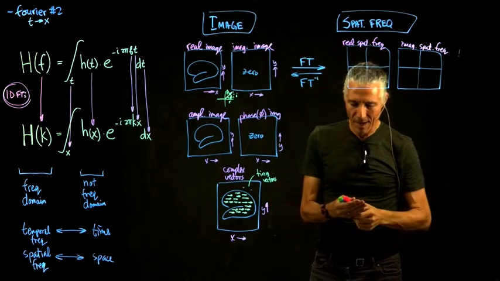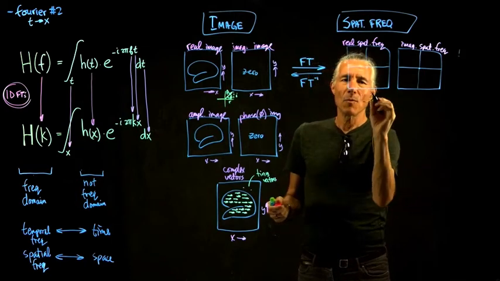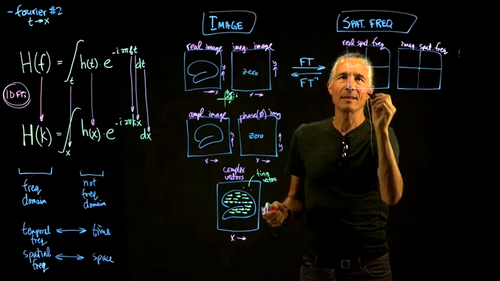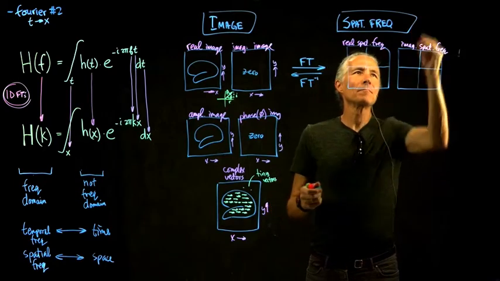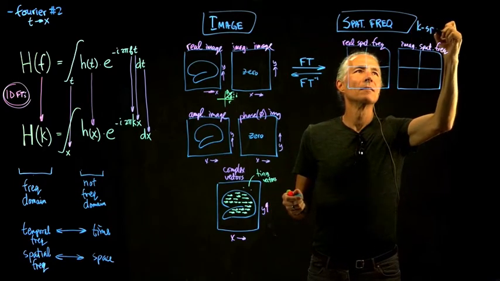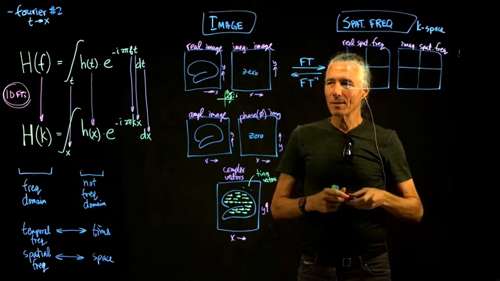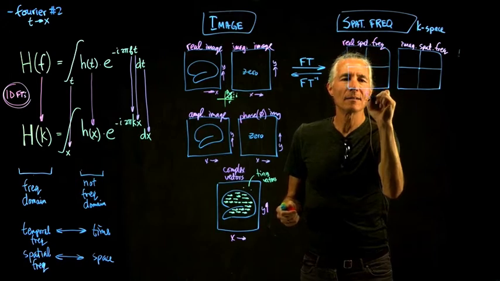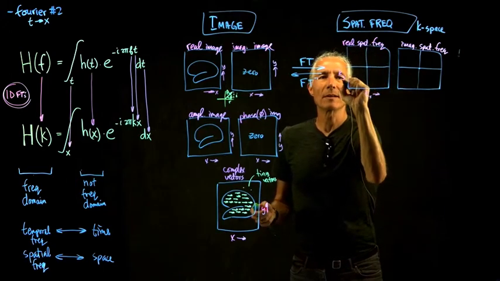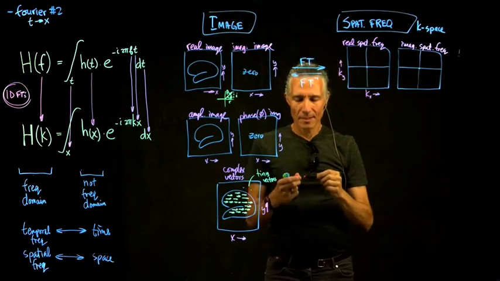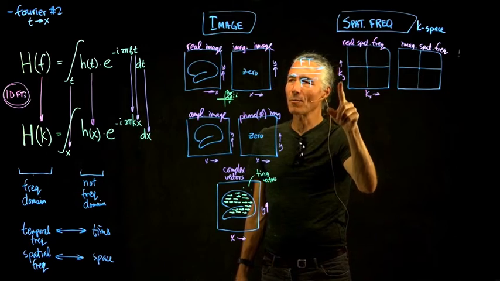And then what we've got are the coordinates of k-space. So spatial frequency, this is k-space here. So then we have the coordinates. And what are the coordinates? The coordinates are the kx coordinate and the ky coordinate. That's the spatial frequency coordinate in the x direction and the spatial frequency coordinate in the y direction.